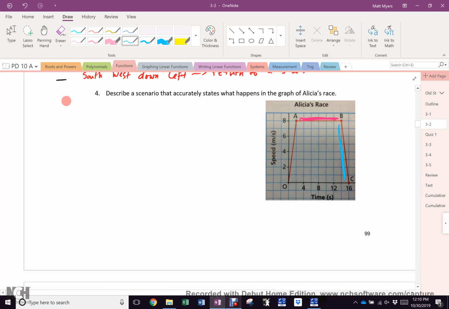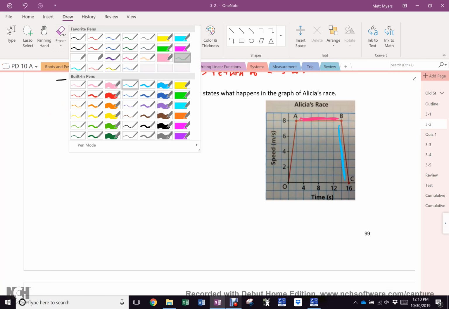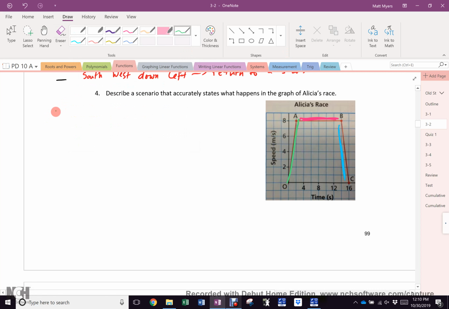So from O to A, which was my light green line, origin to A, she speeds up. Is that a 1-level answer, a 2-level answer, a 3-level answer, or a 4-level answer? That's a 1-level answer because her speed was at 0 and now it's at 8.